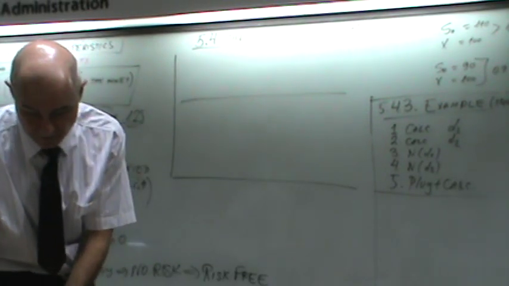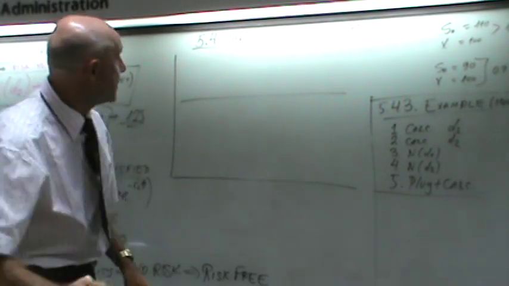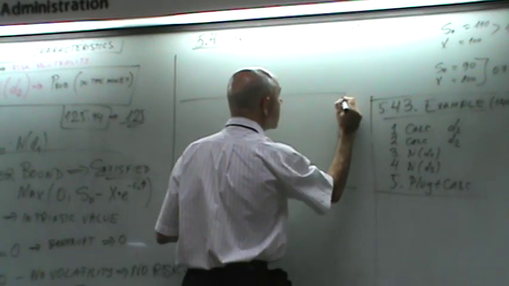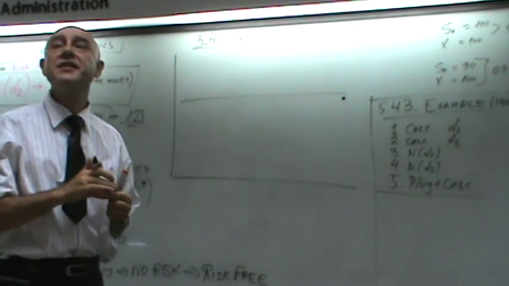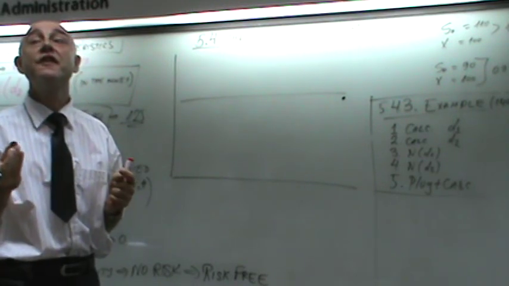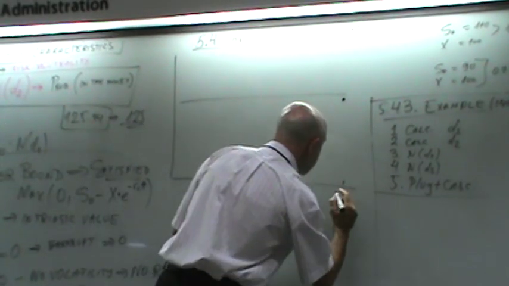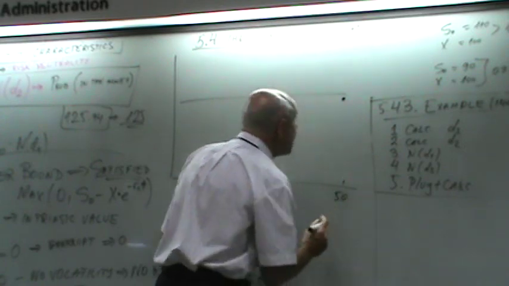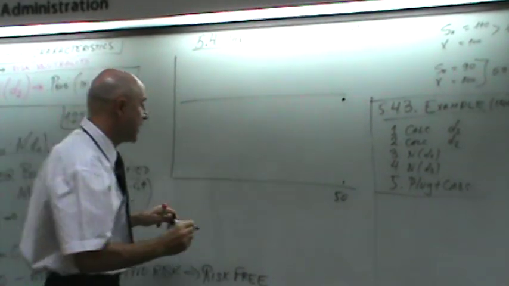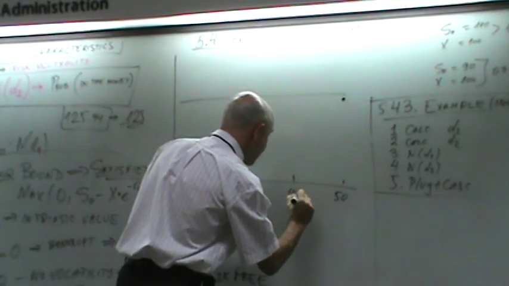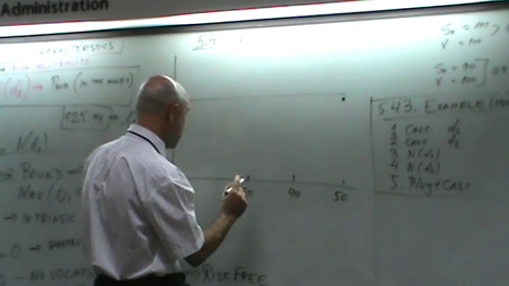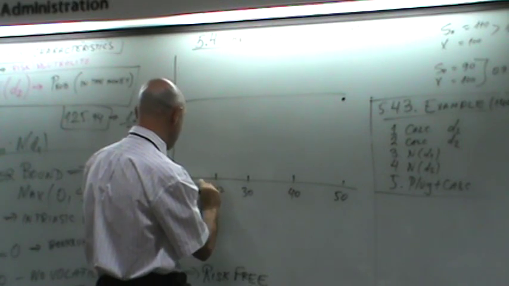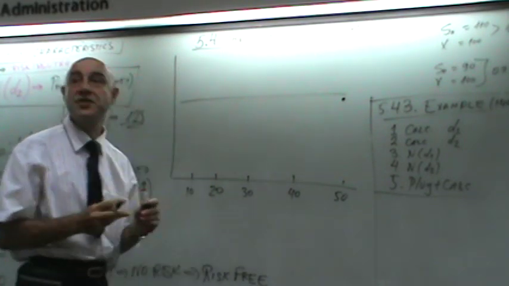Suppose the delta is like 0.4, and let's say 50 days remaining, 40 days remaining, 30 days remaining, 20 days remaining, 10 days remaining.